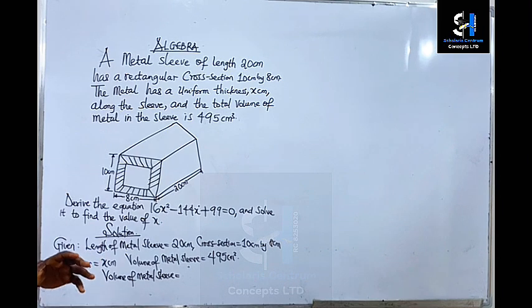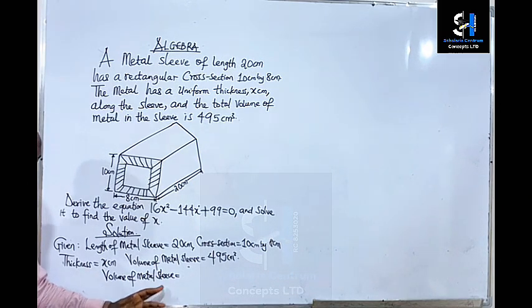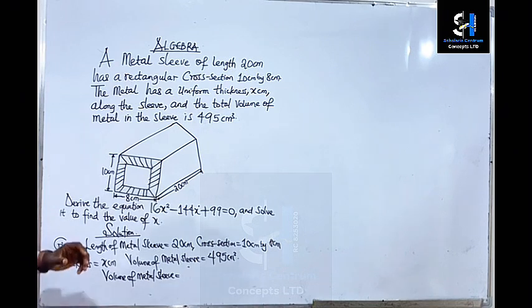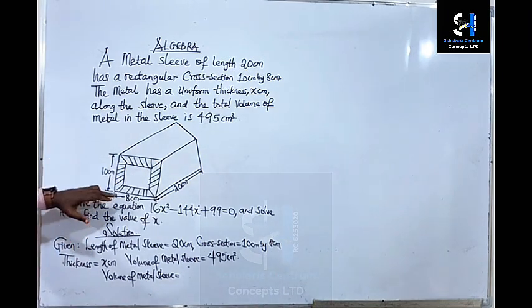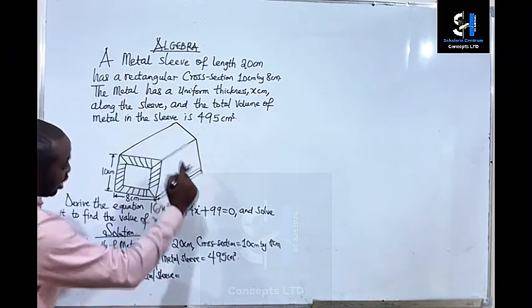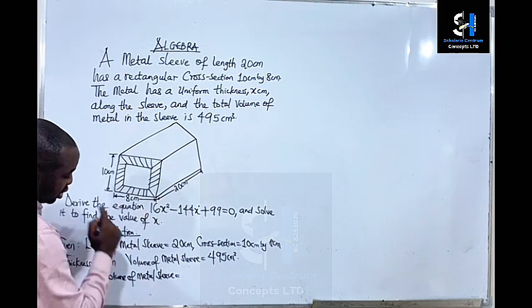Because the metal sleeve has a thickness of x centimeters along the sleeve, we write the formula we're going to use to set up the equation. Because this is a prism, there will be an outer prism and there will also be an inner prism.